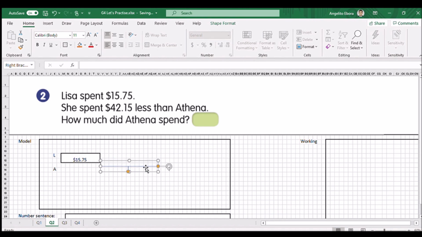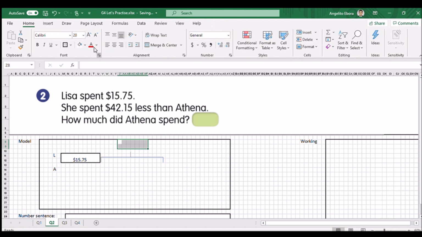Who has less? It says Lisa, right? So we'll put Lisa here. And how much less? We'll put here $42.15. So that means Athena is from here until here.